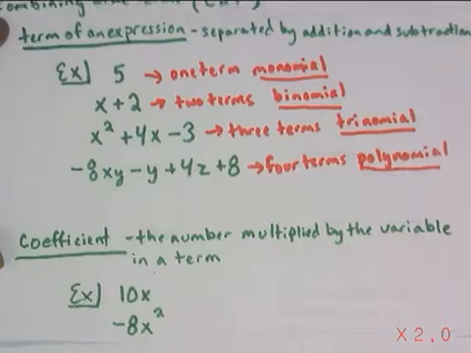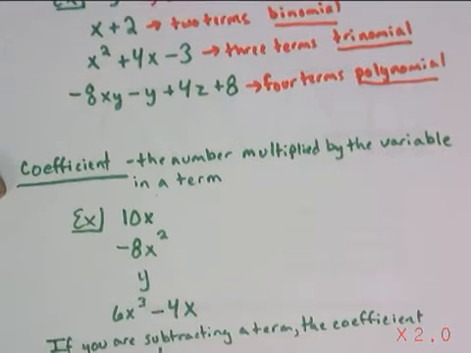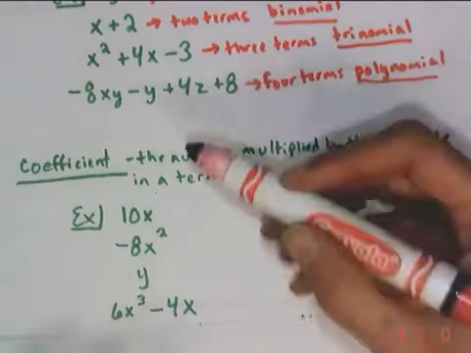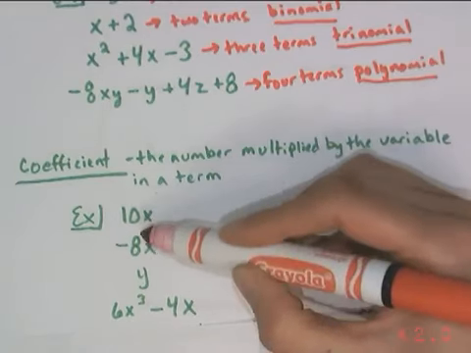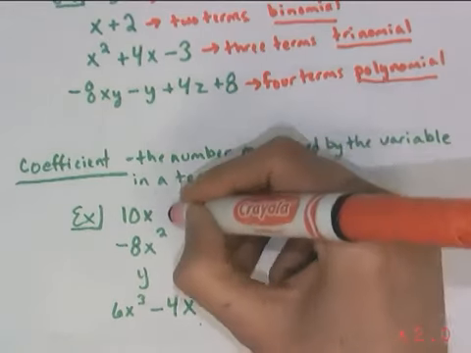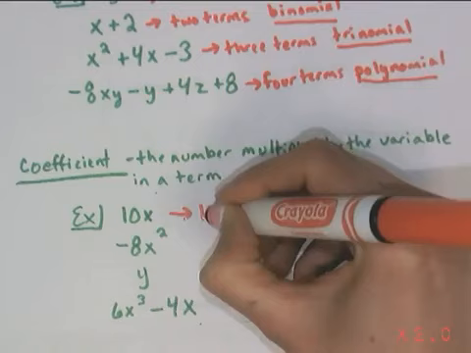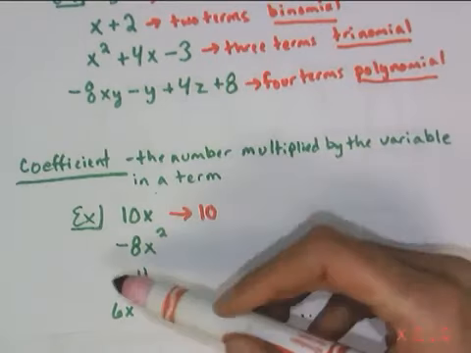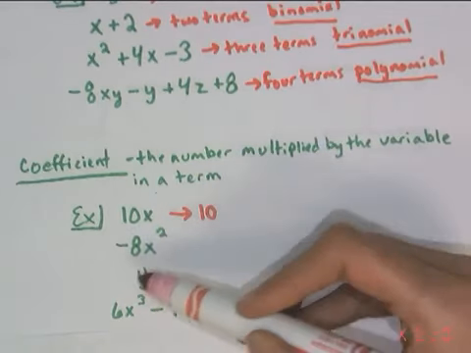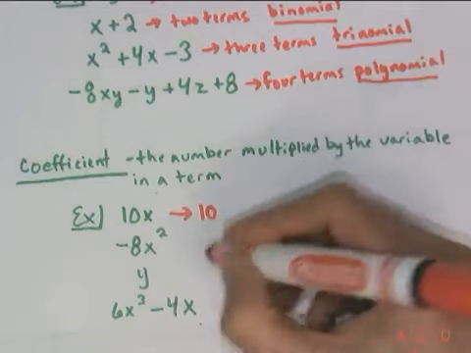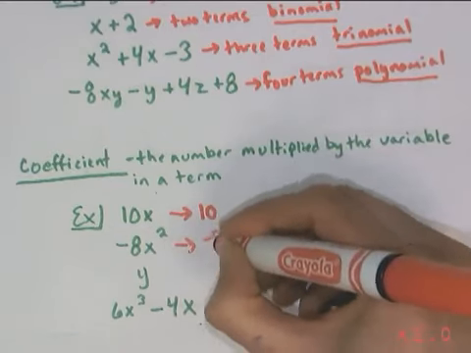So for instance, if you study these 4 examples, we have one monomial, 10x. The coefficient of this term is 10. If you look at the next one, we have another monomial, and its coefficient is a negative 8.